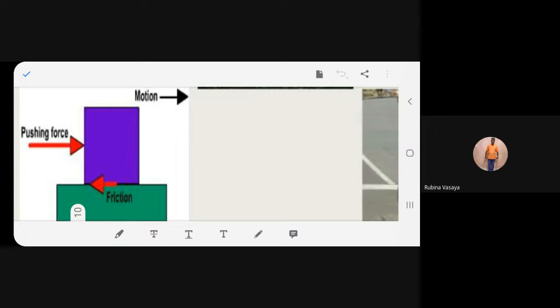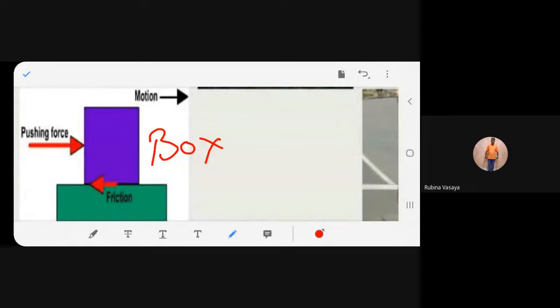When we push a box in one direction. What is this? It's a box. Okay, what are you doing now? Pushing.